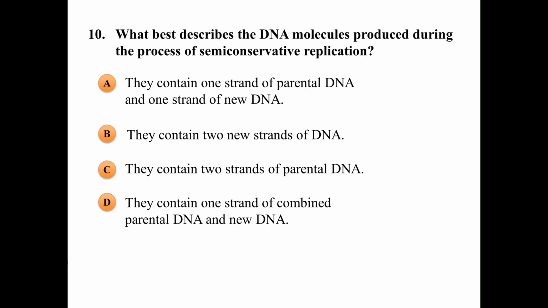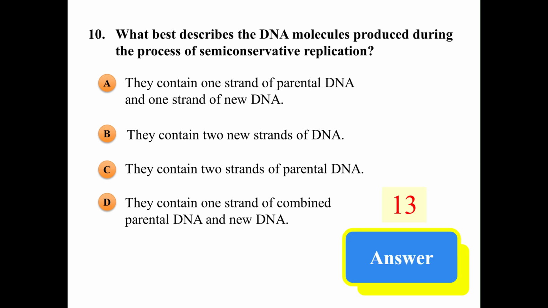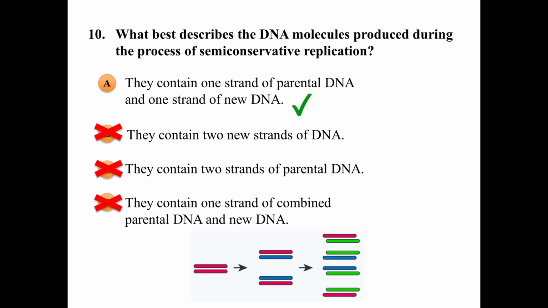What best describes the DNA molecules produced during the process of semi-conservative replication? The correct answer is A. They contain one strand from parental DNA and one strand of new DNA.